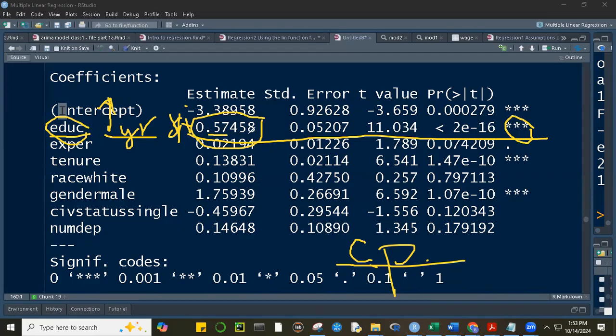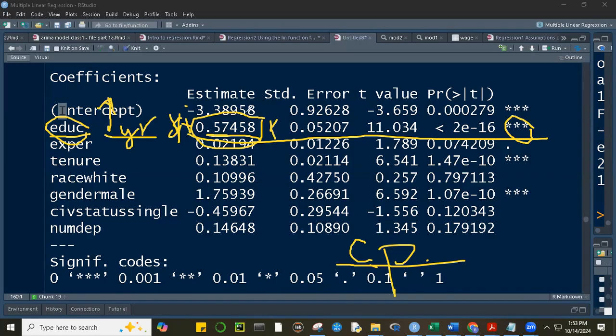Okay, now the question is this: the increase in hourly wage based on 1 year increase in education, is this statistically significant? Which means, is it possible that this was just a result of an anomaly, nagkataon lang to? Nagkataon lang siya, no?